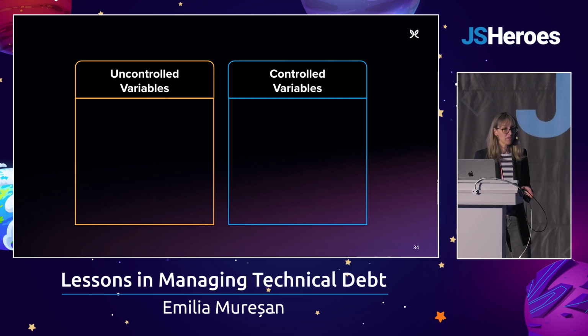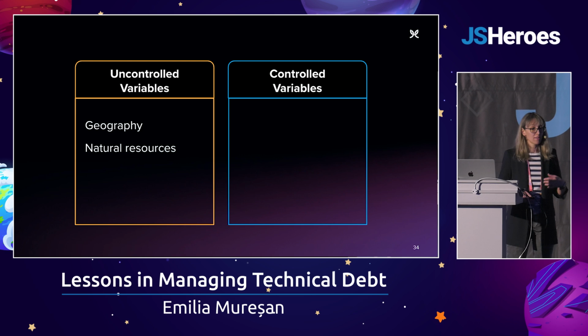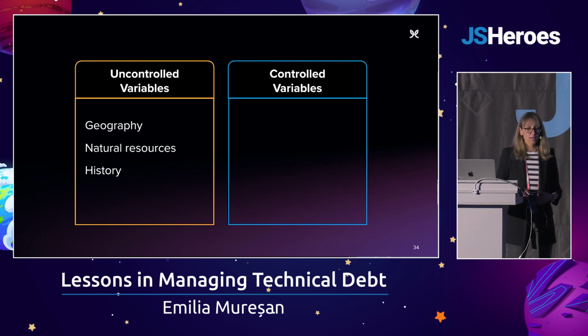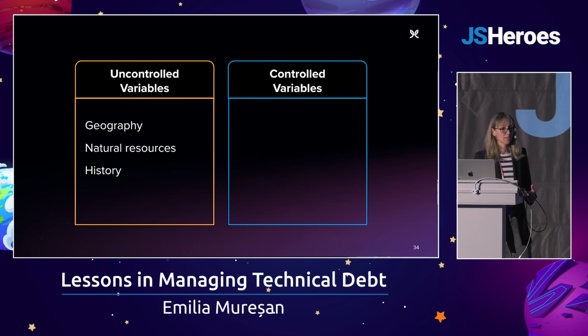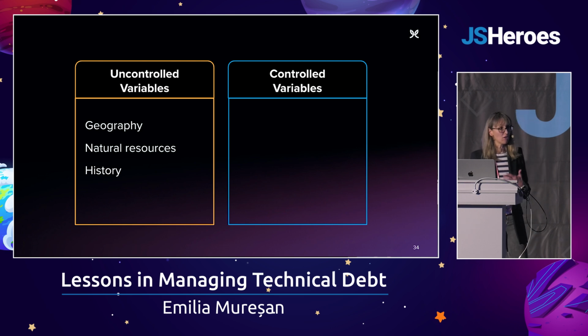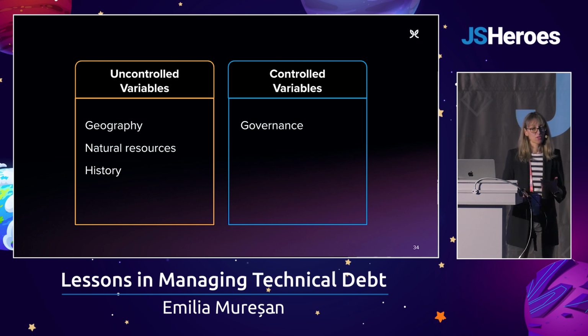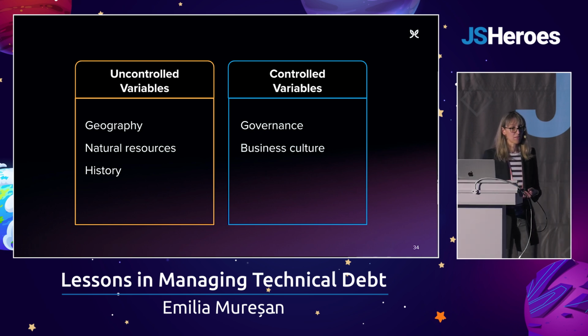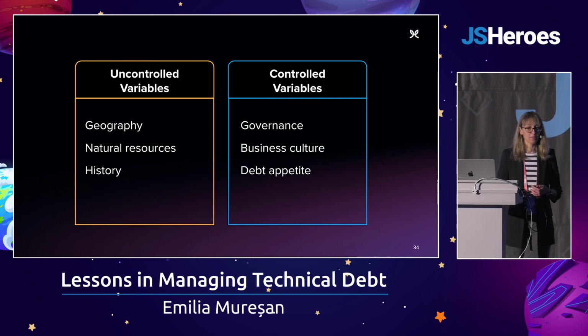The uncontrolled variables are geography, access to natural resources, and history. But it turns out that these matter a lot less in determining the success of the economy as opposed to controlled variables, which are governance, business culture, and debt appetite.